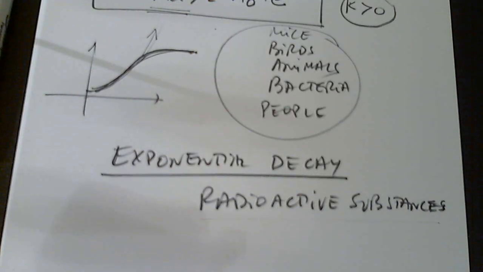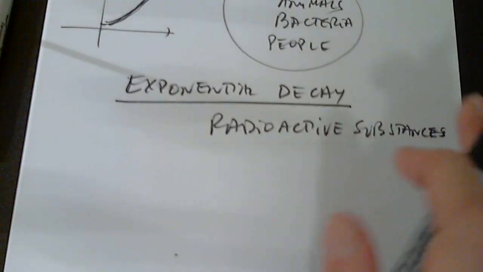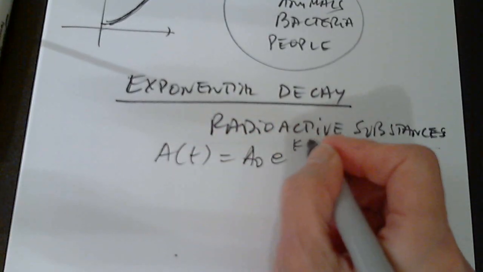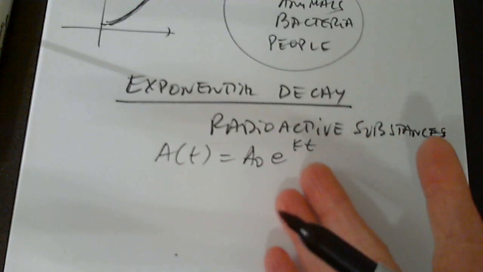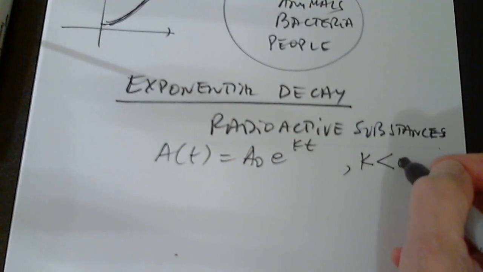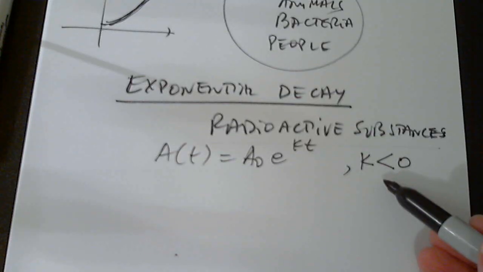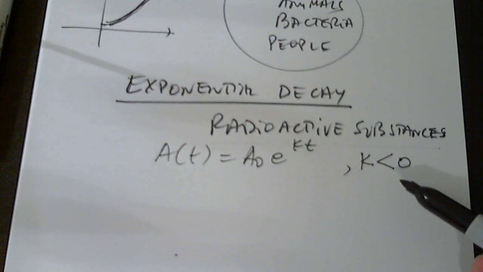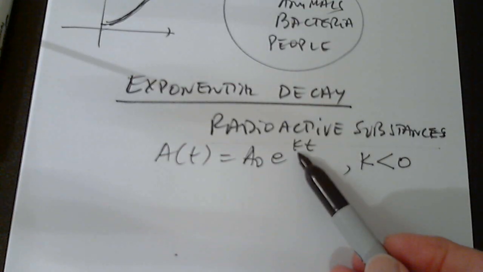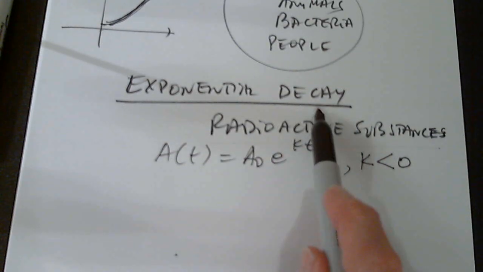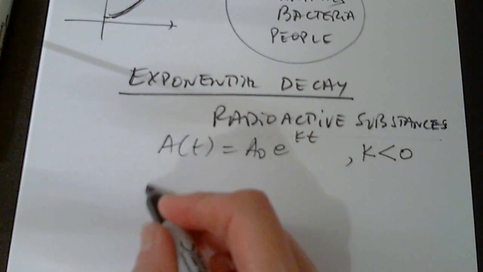Okay, here's the model. We're going to use a different notation though. So this is the model, identical. It's just that this k is a negative number. It's a constant. It's the exponential decay rate, and it will be a negative number. We prefer mass.